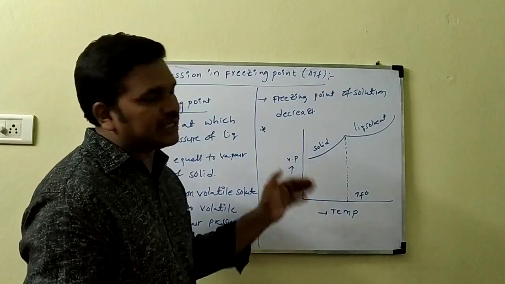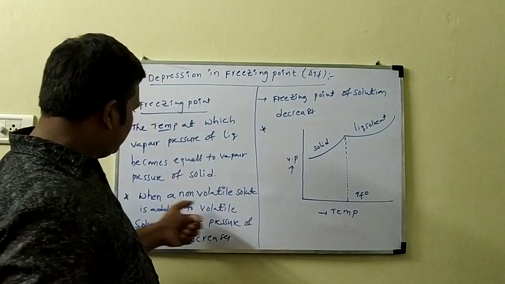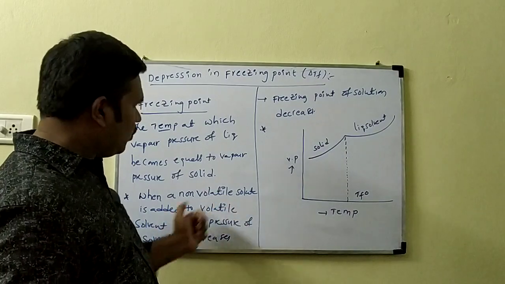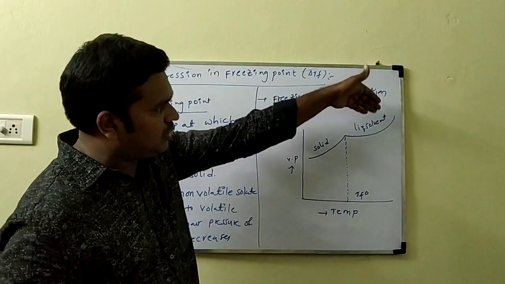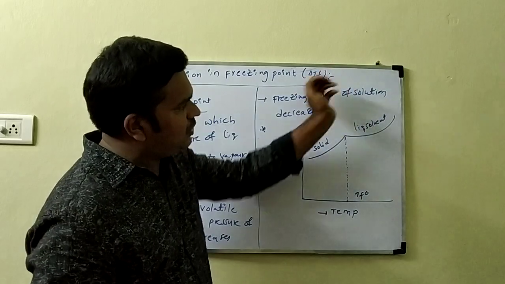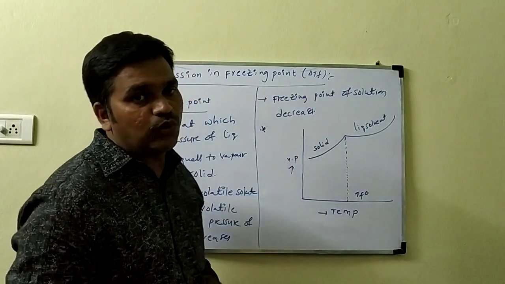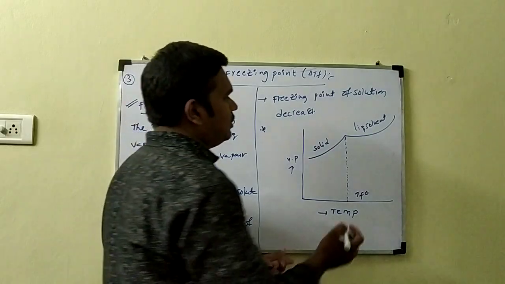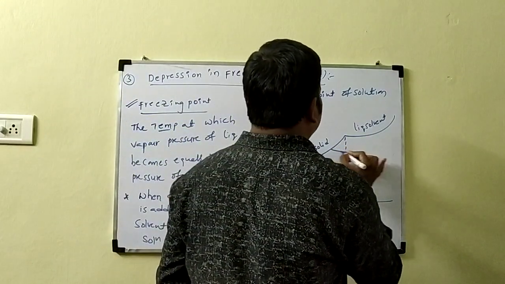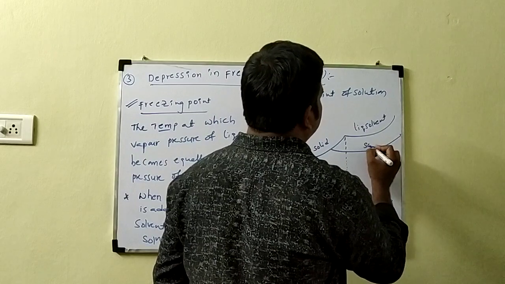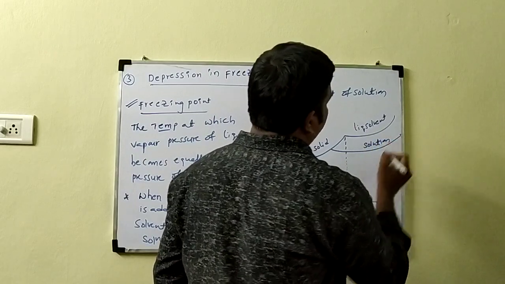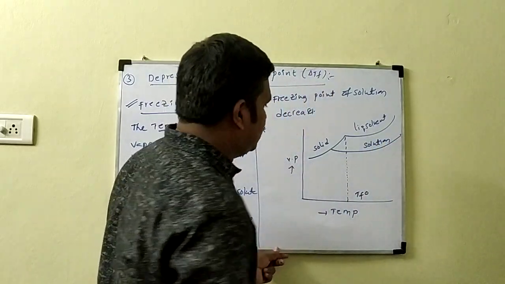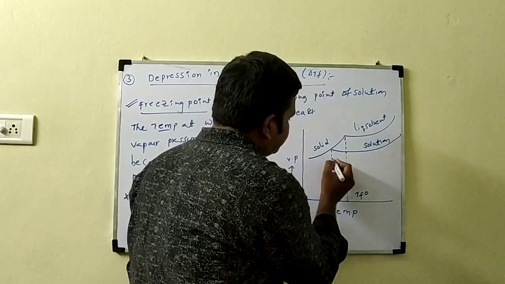Whenever a non-volatile solute is added to a volatile solvent, the vapor pressure of the solution decreases. This is the vapor pressure of the solution.